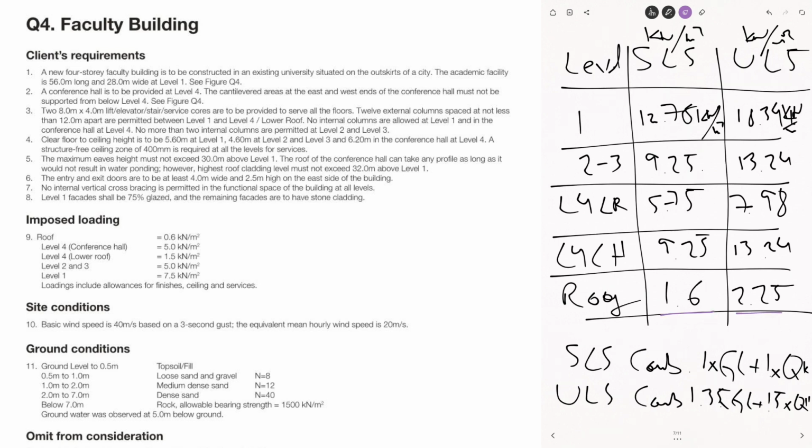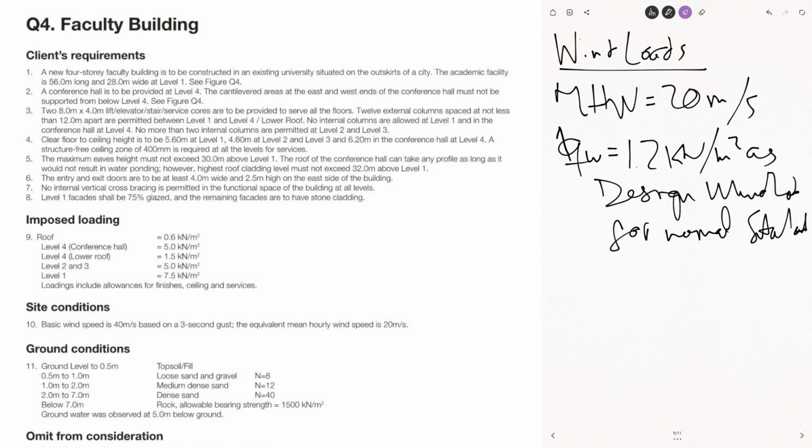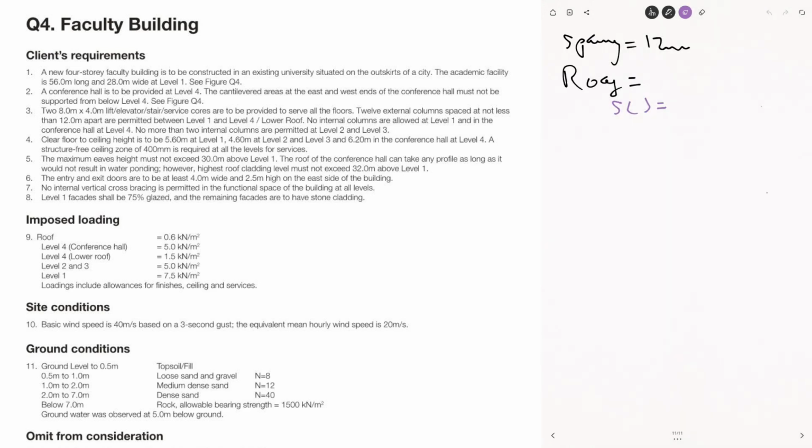It's 1.6 times 12, and ULS 2.25 times 12. This will be our UDL applied on each truss. So 1.6 times 12 is 19.2, and 2.25 times 12 is 27. This will be in kilonewtons per meter.